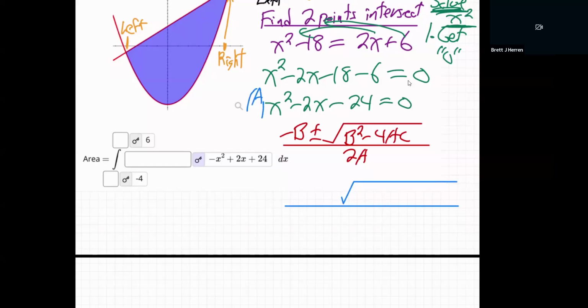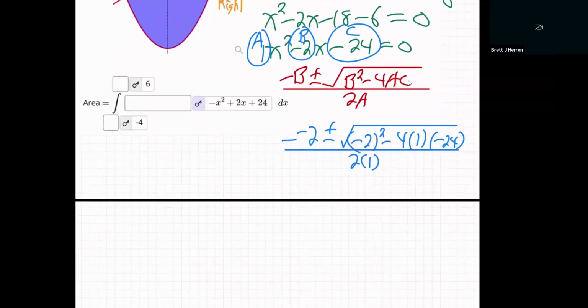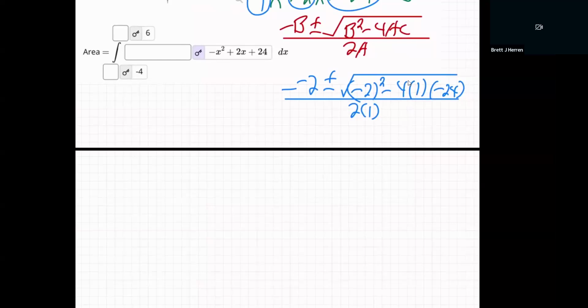Here A is 1, B is -2, C is -24. So negative b, -2, plus or minus the square root of b squared. It's going to be -2 squared minus 4 times a, which is 1, times c, which is minus 24, all over 2a.